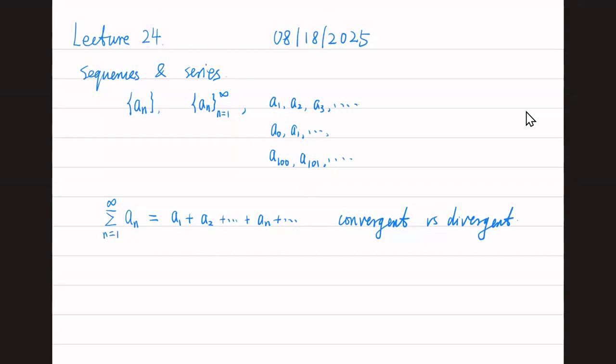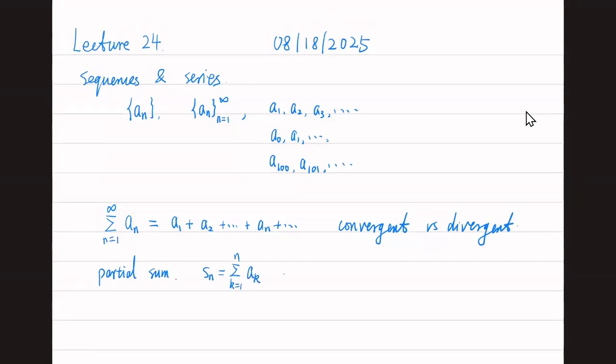To do this, we introduce the partial sum. The first k terms, we add them. This introduces a sequence, the sequence of partial sums.